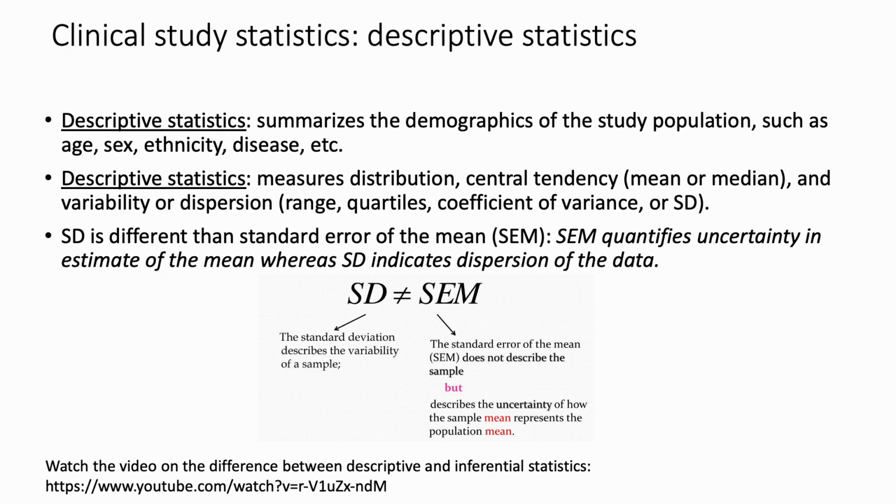So let's go over what descriptive statistics is. It summarizes the demographics of the study population, such as age, gender, ethnicity, disease, etc. Descriptive statistics measure the distribution: central tendency, where we talk about the mean or median, and variability or dispersion, where we talk about range, quartiles, coefficient of variance, or standard deviation, which we call SD.